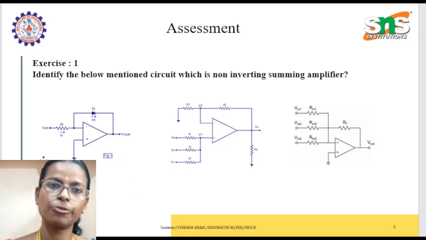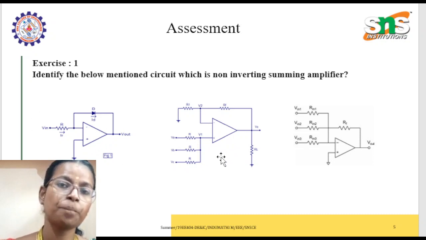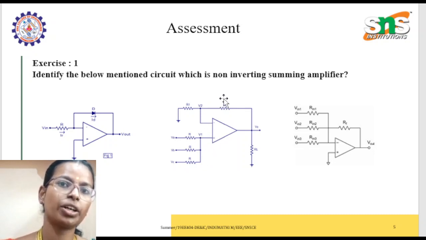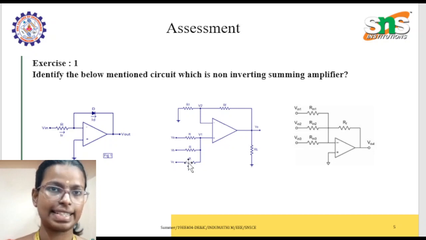No, so the first option is not possible. In the second, you can see plus and minus, where the input is given to the non-inverting terminal. We need a non-inverting amplifier, so the second option is the right answer.